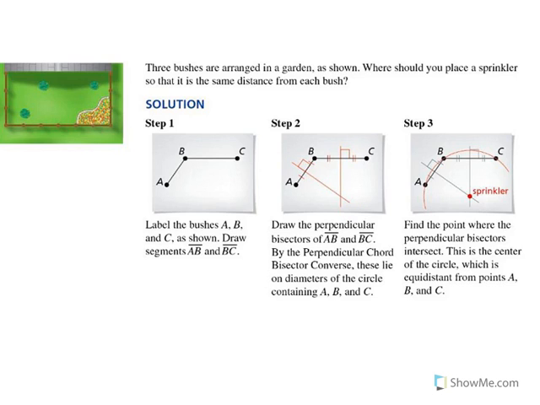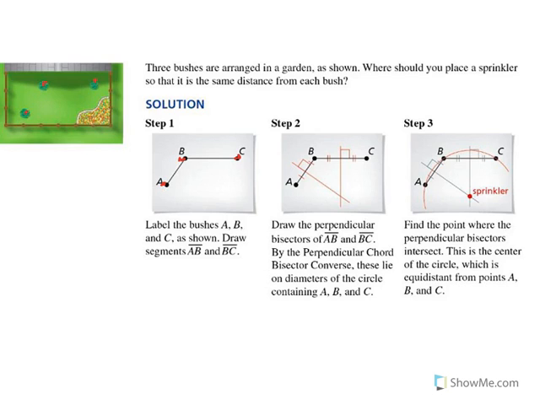So, I left this one up with the whole solution, so you can pause and read it and write it and work it out. But here's the thing. We have these 3 garden bushes, okay? And we want to figure out where a sprinkler should go that would hit each of them equally. So in our solution, here's what happened: we drew these are the 3 bushes here, A, B, and C. We just drew them out without all the grass and bush pictures and stuff, okay?